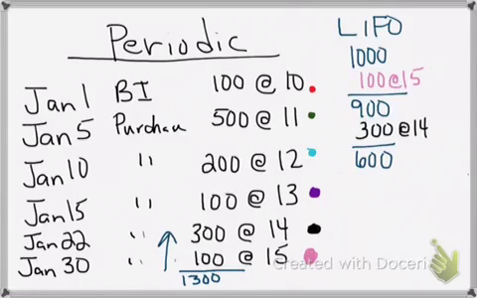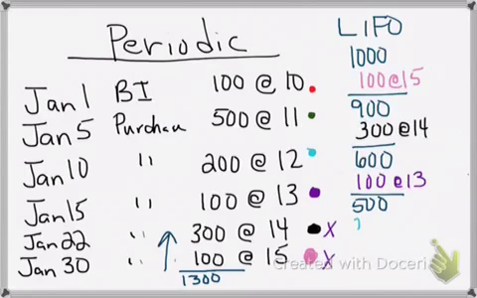Then we would go to the purple units, because those are the units that are next up, because we've sold these guys, so now we're on purple. So we have 100 at 13, and that gives us 500 left. So now we have 200 at 12, and those are those blue units.